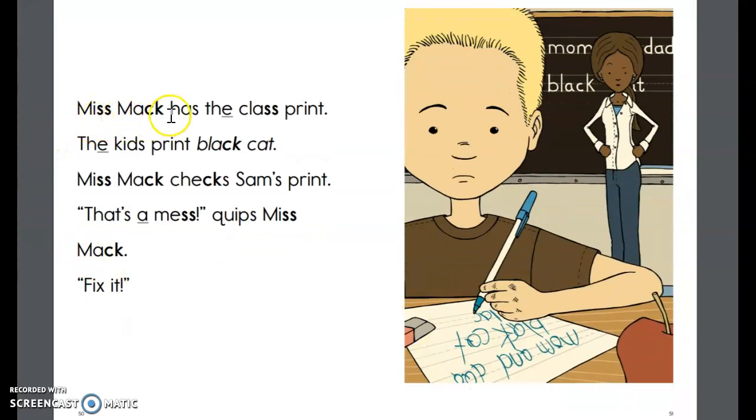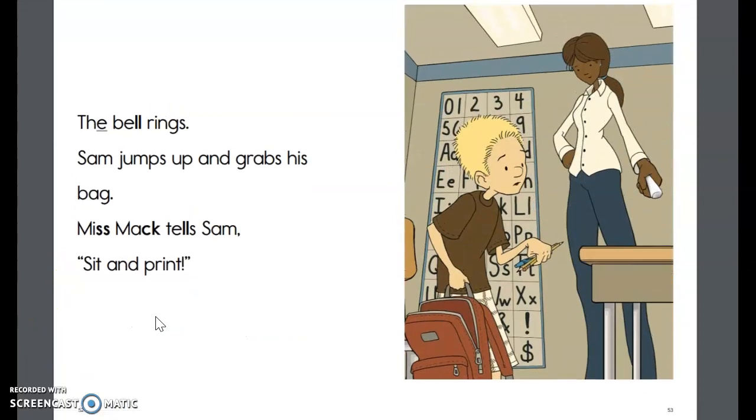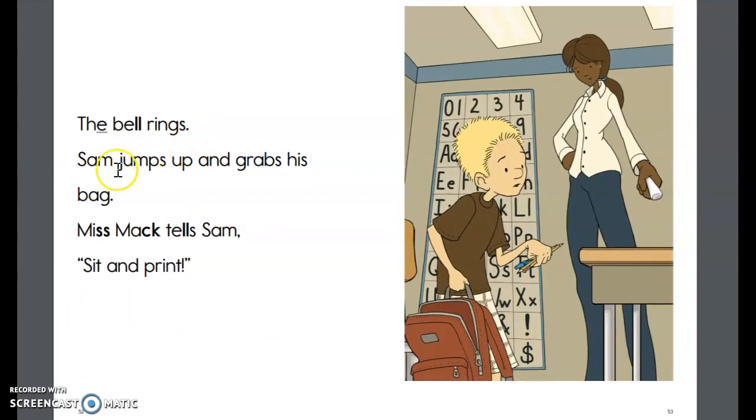Miss Mack has the class print, the kids print black cat. Miss Mack checks Sam's print. That's a mess, quips Miss Mack. Fix it. The bell rings.